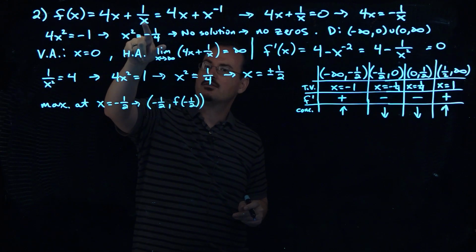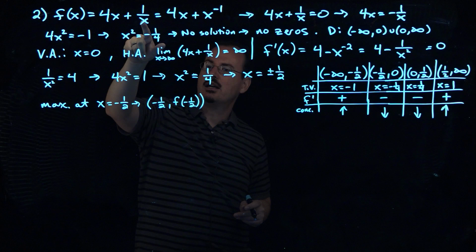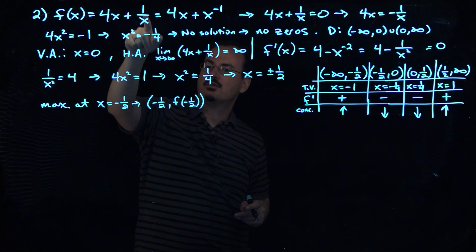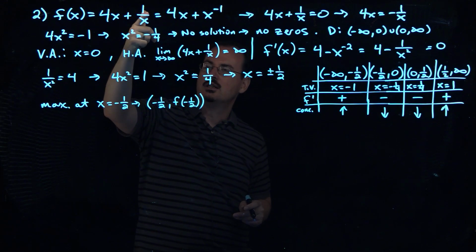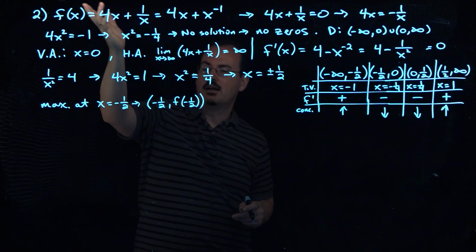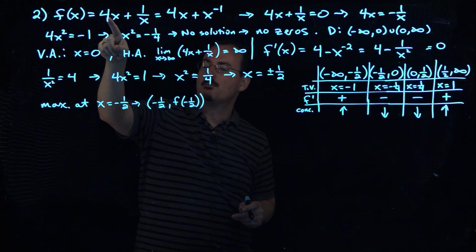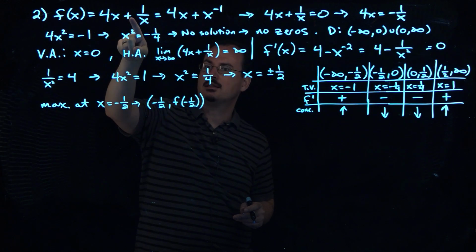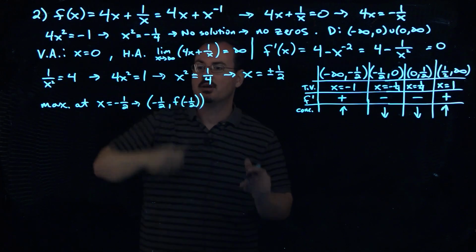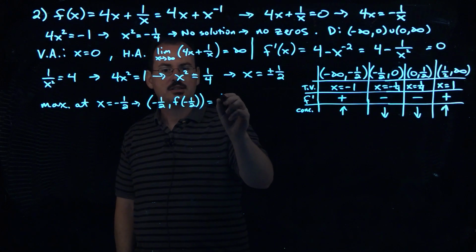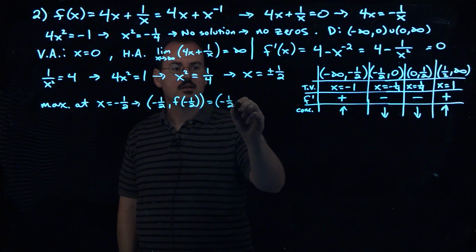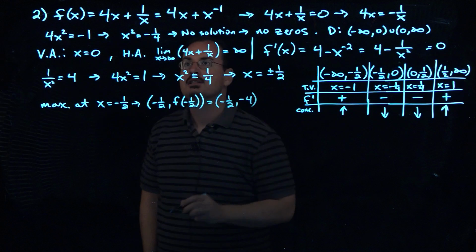Now when I put a -1/2 here, dividing by 1/2 is the same as having a 2 there. 1 over 1/2 is 2. So I'm going to have -2 minus 2. So that's going to be -4. So this is -1/2 and -4.